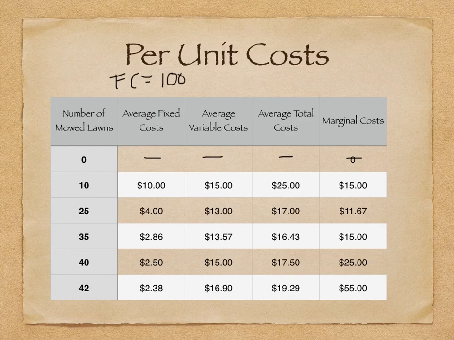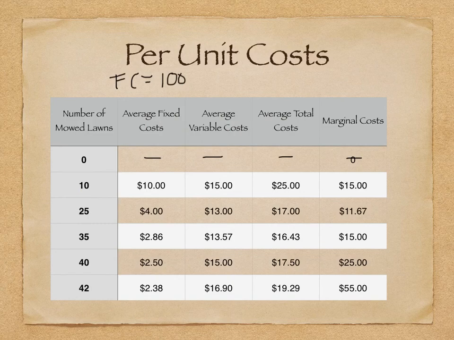You'll recall that when 0 lawns were mowed, our variable costs were also equal to 0. So to arrive at our average variable cost, it would be 0 divided by 0, which is simply undefined. So we're going to leave that as undefined. However, when 10 lawns were mowed with our first worker, the variable costs were $150.